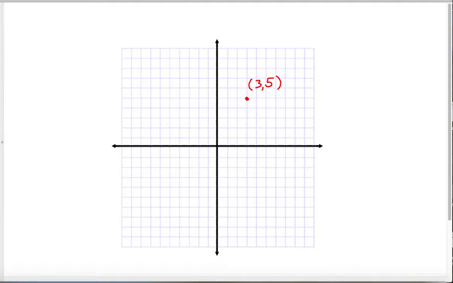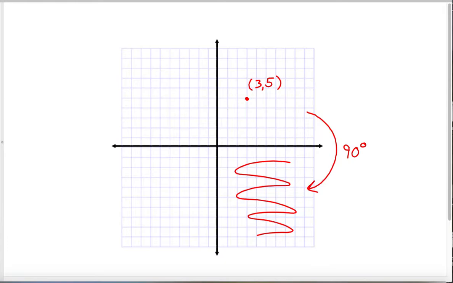And we want to rotate this 90 degrees clockwise. So remember, that's going to take us to the next quadrant, that way. That's 90 degrees clockwise. So I know I'm going to wind up down in here somewhere. And so I'm not really worried about negatives and positives in terms of my coordinates.